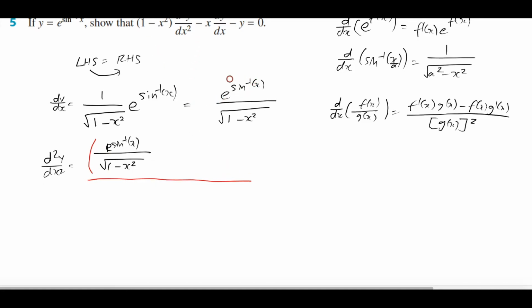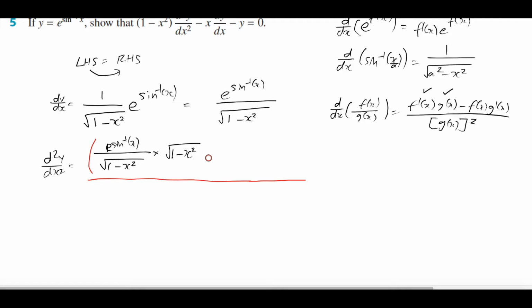This is the derivative of f(x), so this is just f'(x), this part right here. So that's done. Now we go through g(x), which is multiplied by the root of 1 minus x squared, because g(x) is just the function at the bottom. And that solves the second part.